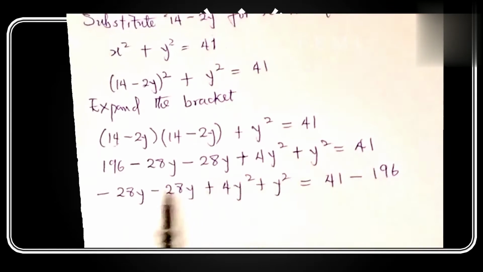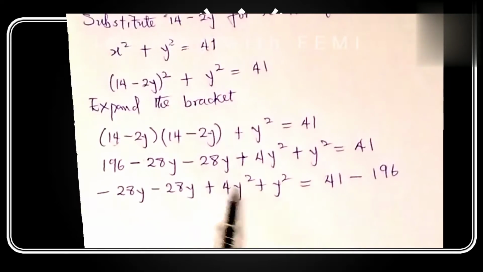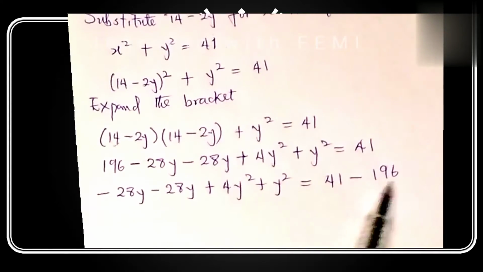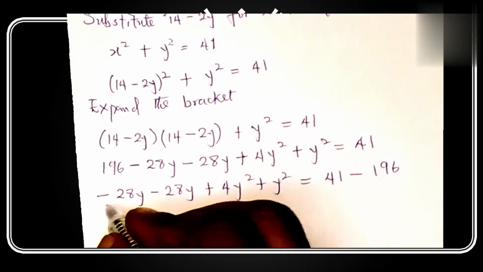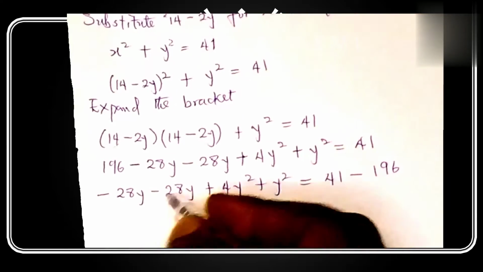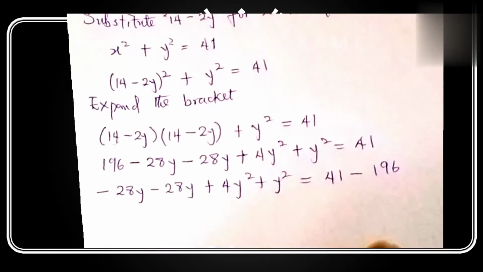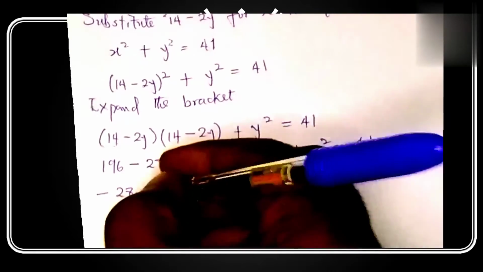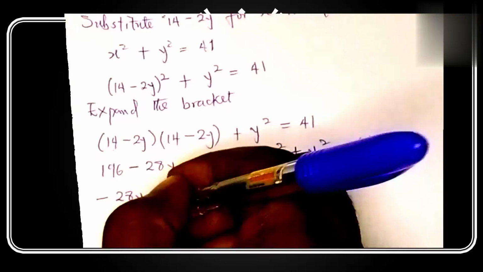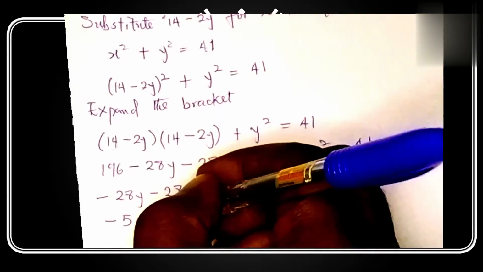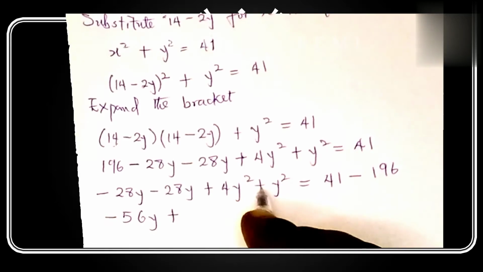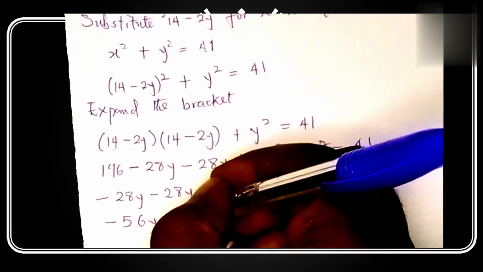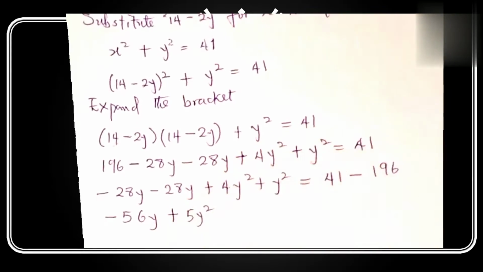Now, since we have solved this, we can begin to deal with each value according to their signs. Minus 28y plus minus 28y is the same thing, so it becomes minus 56y. Now, plus 4y squared plus y squared becomes 5y squared.